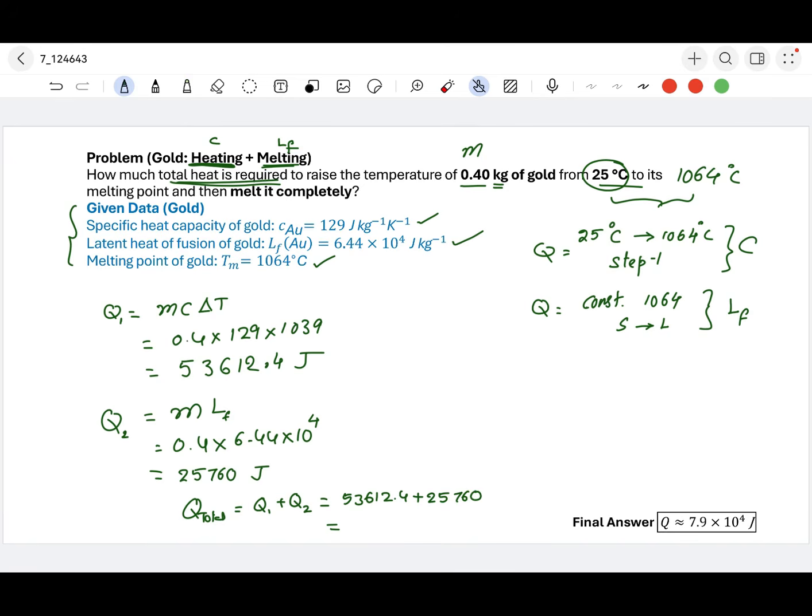So nearly the answer is 79372.4 joule. In the scientific mode we can write 7.9372 times 10 to the power of 4. Like this also we can write. This is the answer.